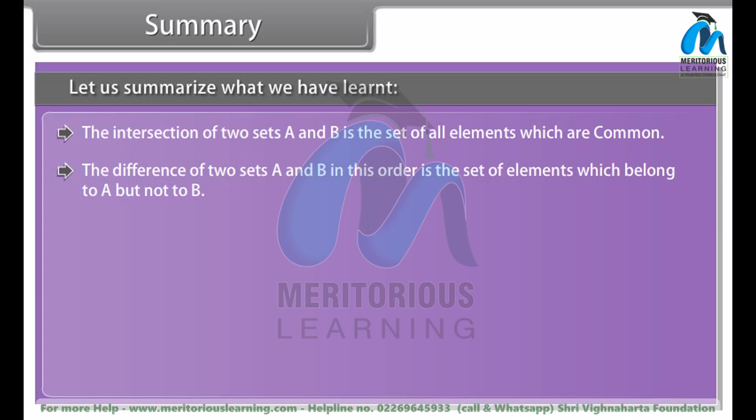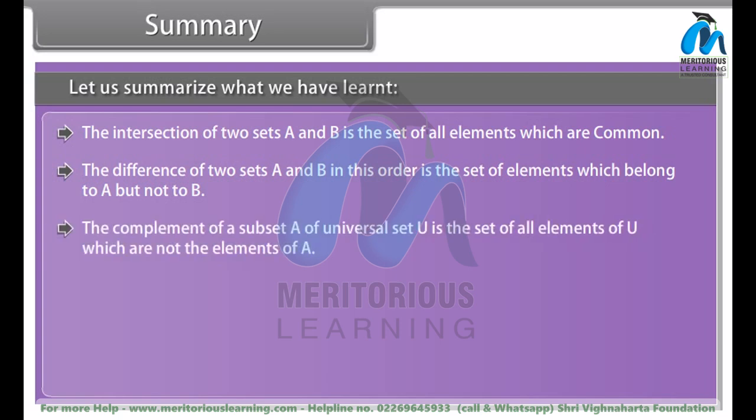The difference of two sets A and B, in this order, is the set of elements which belong to A but not to B. The complement of a subset A of universal set U is the set of all elements of U which are not elements of A. For any two sets A and B, complement of (A union B) is equal to complement of A intersection complement of B, and complement of (A intersection B) is equal to complement of A union complement of B.